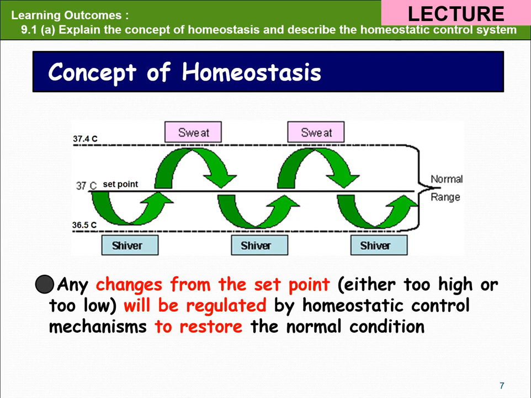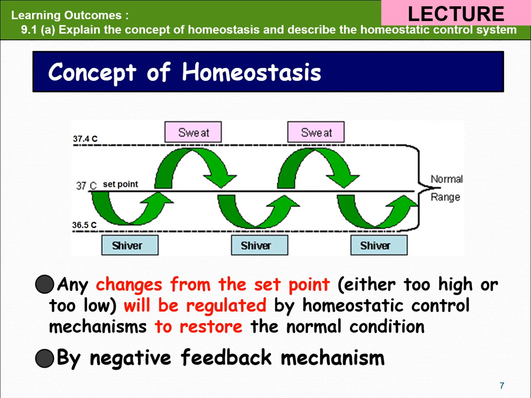Homeostasis that involves physiological processes will regulate the changes from the set point to restore the normal condition, and this is controlled or regulated by negative feedback mechanism. So please remember, all homeostatic control is by negative feedback mechanism.